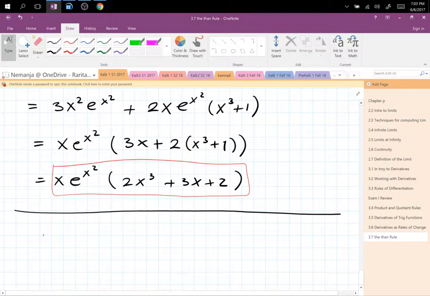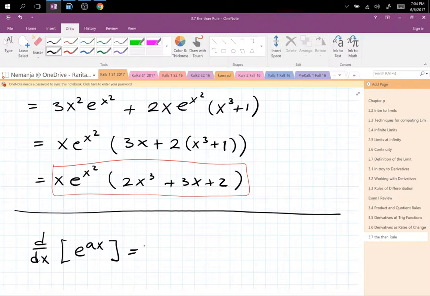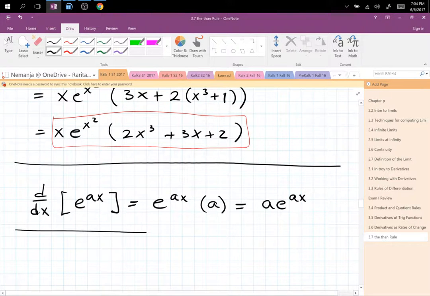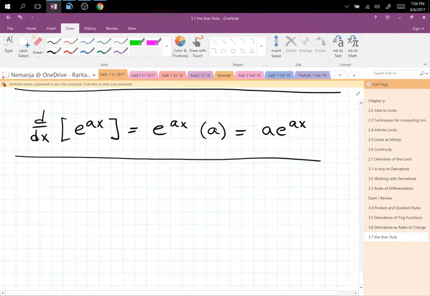Oh, remember that formula that I asked you to memorize? What's the boss function? And what's the derivative of ax? So there you go. Derivation for the formula I asked you to memorize.